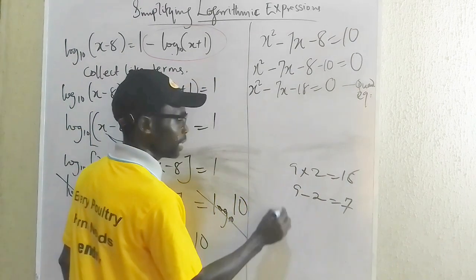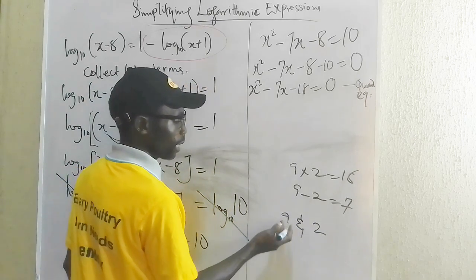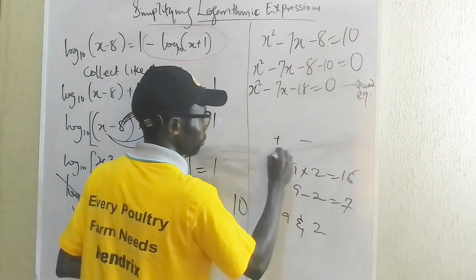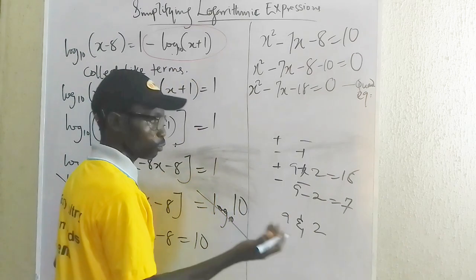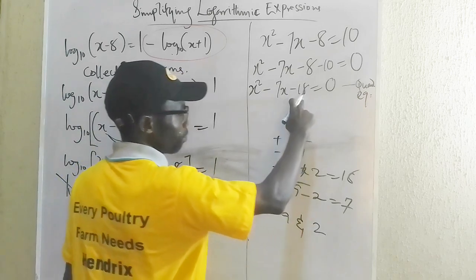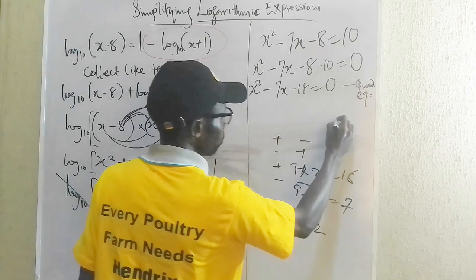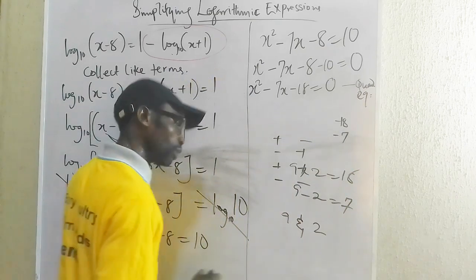So it's going to be 9 and 2, but what variations of it is it going to be: plus, minus, minus, plus, or plus, plus, or minus, minus. Let's see which will work. The one that will give us minus 18 and minus 7, because our goal is minus 18 and minus 7.